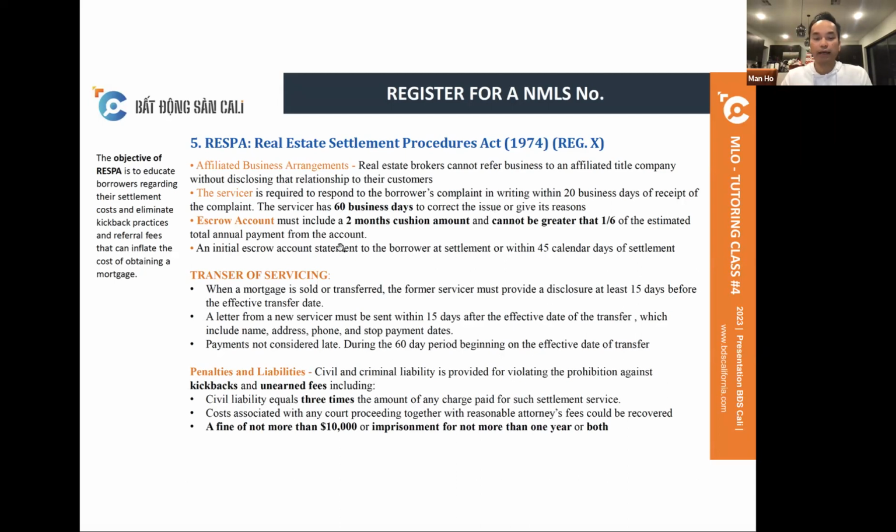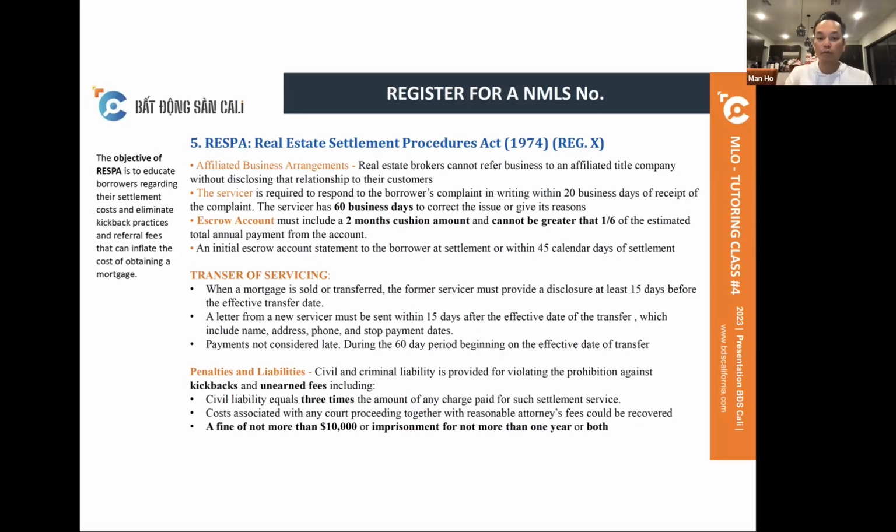Escrow account, I already said it, must include a 2-month cushion and cannot be greater than one-sixth of the estimated total annual payment of the account. Meaning that the escrow account every month has to have 2 months in there, so the servicer can use that money to pay for this month. After paying for this month, hopefully in the next few weeks, that account will have enough for 2 months of payments again. So the servicer doesn't have to go after you and say, hey, you haven't put money in the escrow account for the payments.